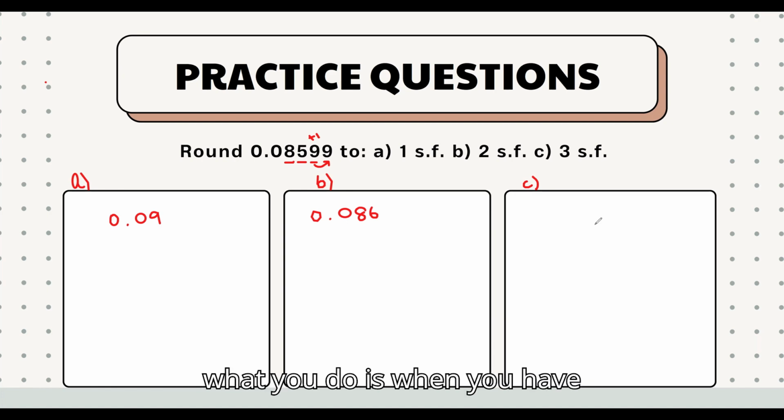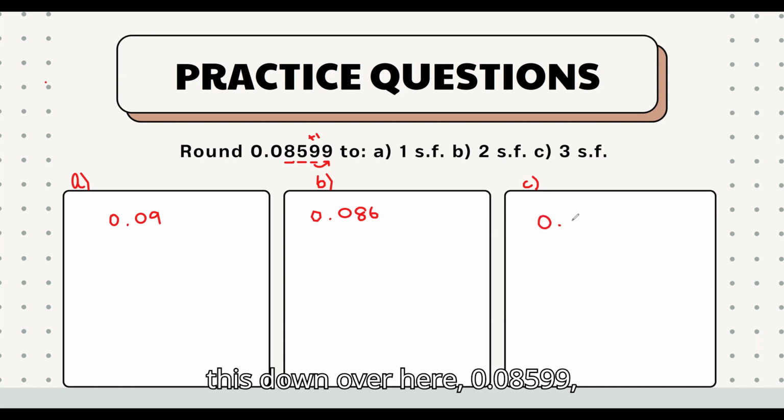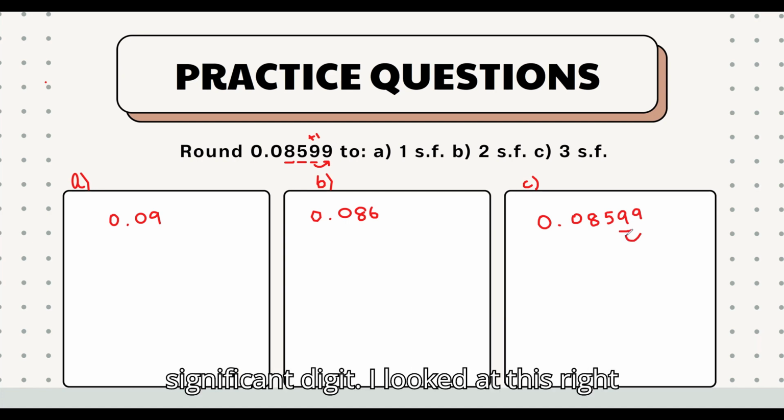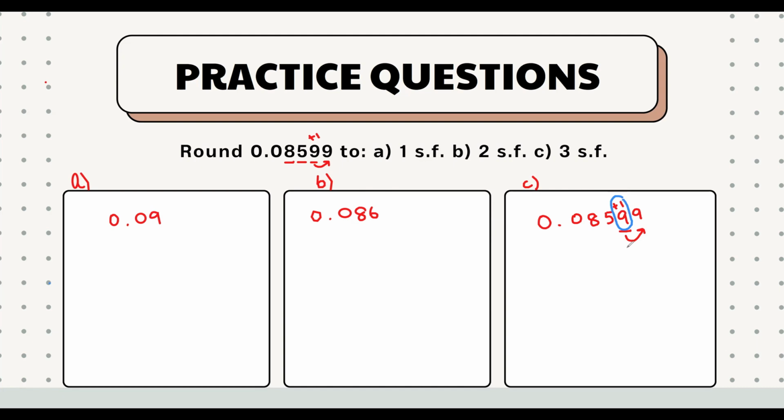When you have a number like this, I'm going to write this down over here: 0.08599, and I figured out this is my third significant digit. I looked at this right where I have 9. 9 plus 1 is 10 because I have to round up. So what I'm going to do is make all of this, 9 plus 1, a 0.